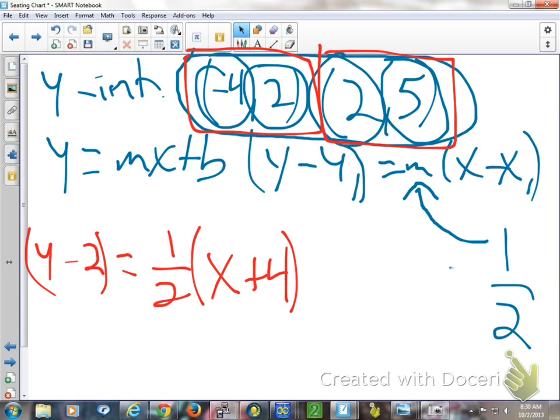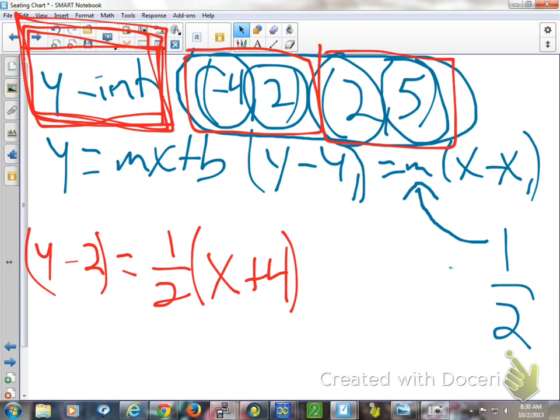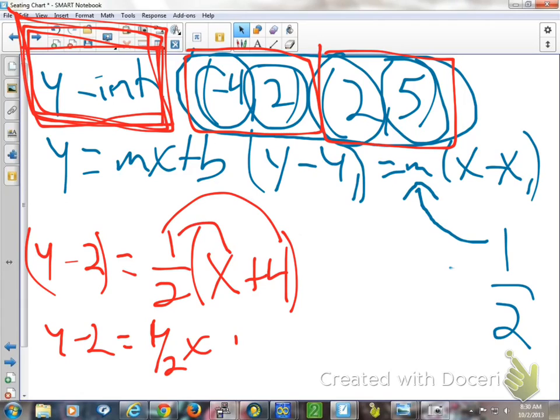Now, Ryan, you said this a second ago. What do we have to do to get that in slope-intercept form? Solve it for y. And that's what it asks us to do. It asks us to put it in y-intercept form or slope-intercept form, so we have to solve for y. So, y minus 2 equals 1/2 x plus 2, and the only thing I have left to do is what?